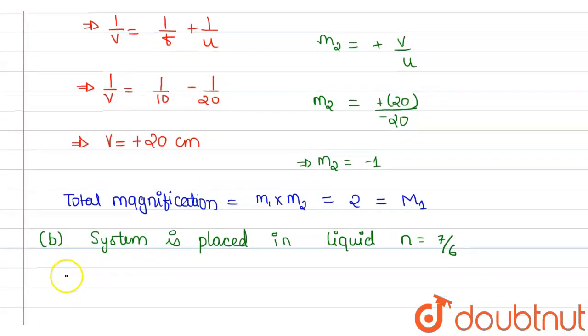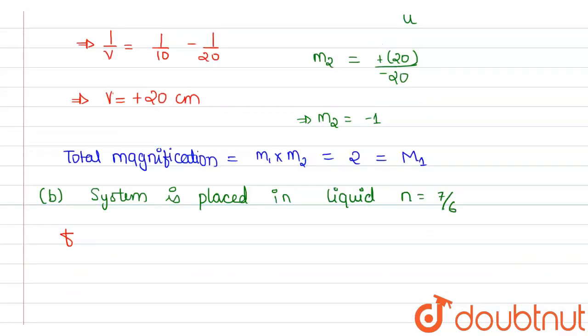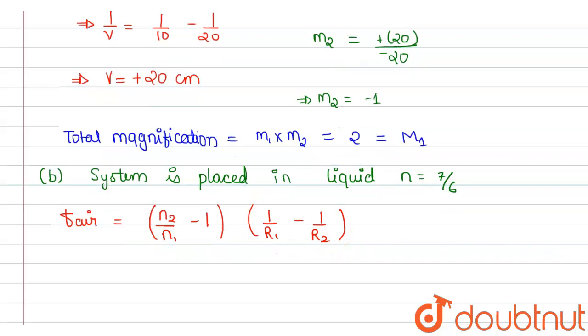So we can find f for the first lens. f in air, I am writing it, will be (n2 by n1 minus 1) into (1 by r1 minus 1 by r2). We don't know the values of r1 and r2, and we have nothing to do with them. n2 is the refractive index of glass, which is 1.5, and n1 is the refractive index of the medium, which is 1.